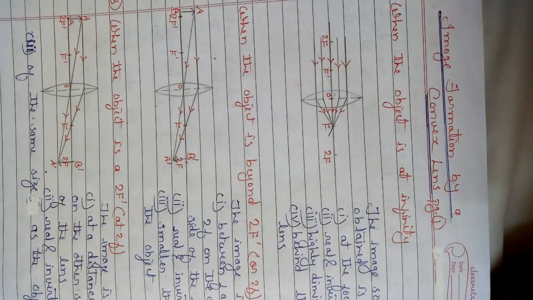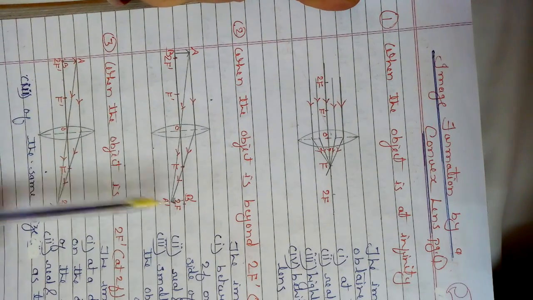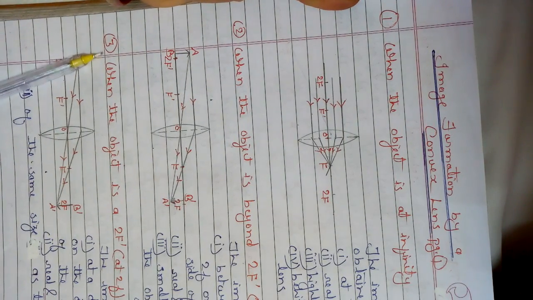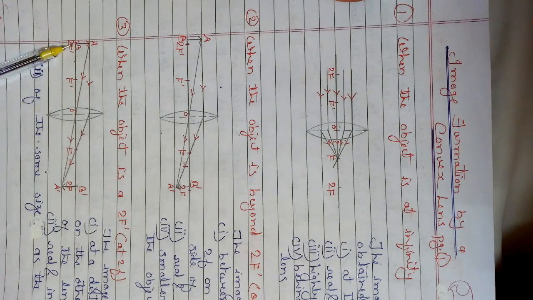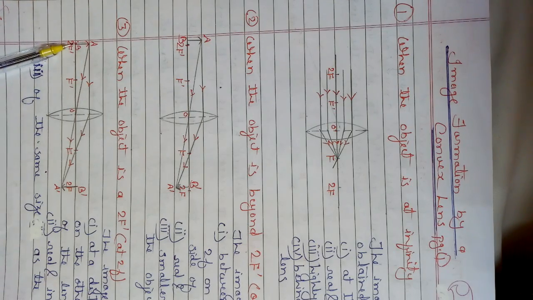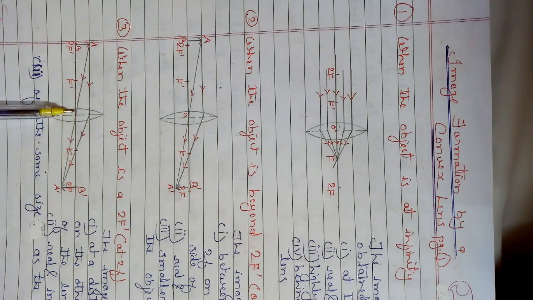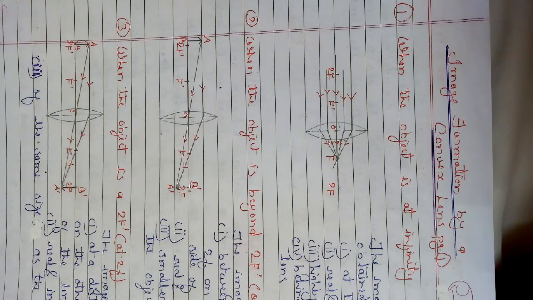Now already we can see that it is formed behind the lens. Number 3, when the object is placed at a distance double the focal length of the convex lens, that is, the object is placed at 2f, one ray is parallel to the principal axis and the other ray we are considering is passing through the optical center of the convex lens.